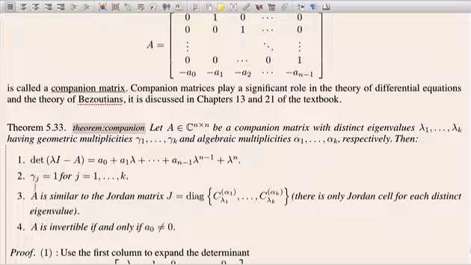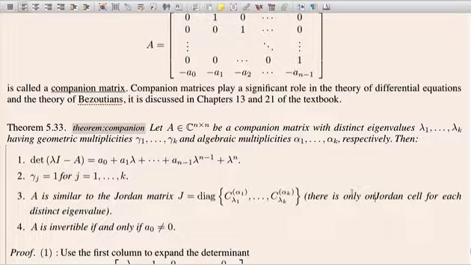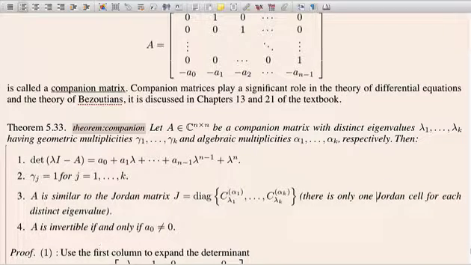Also, all the gamma j's, the geometric multiplicities, are 1. Also A is similar to the Jordan matrix J with diagonal entries C lambda 1 alpha 1, ..., C lambda k alpha k. And what this really says is that there is only one Jordan cell for each distinct eigenvalue.